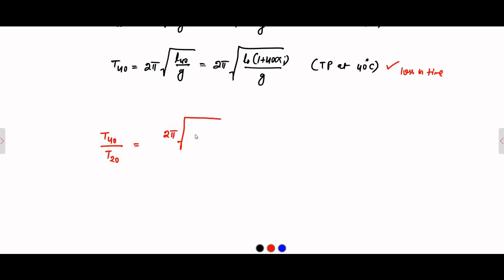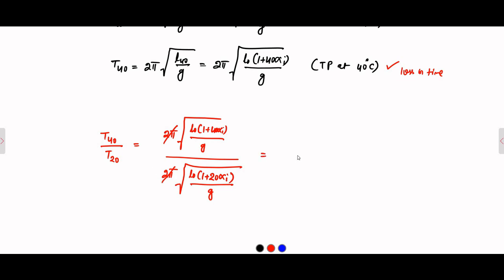root over of L0 into 1 plus 40 alpha l by g, divided by 2 pi into root over of L0 into 1 plus 20 alpha l by g. The 2 pi gets cancelled.